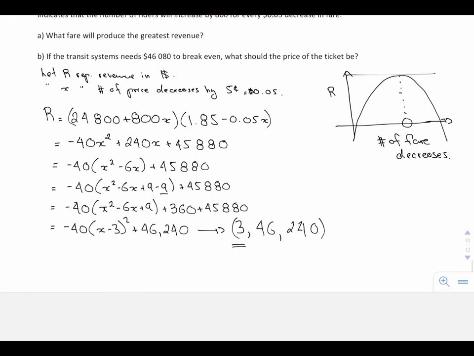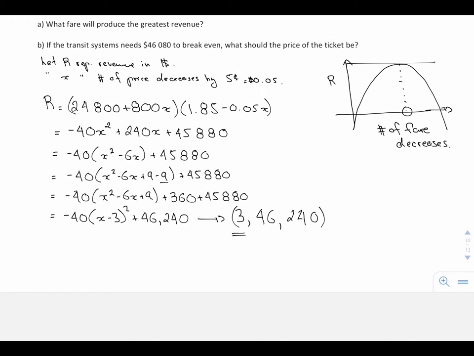So if I have a fare of $1.85, I'm going to subtract 3 times 0.05, which gives me $1.70, because this here is 15 cents, subtract that from 1.85, and you get your price point. That's what you want to charge to get that maximum revenue.